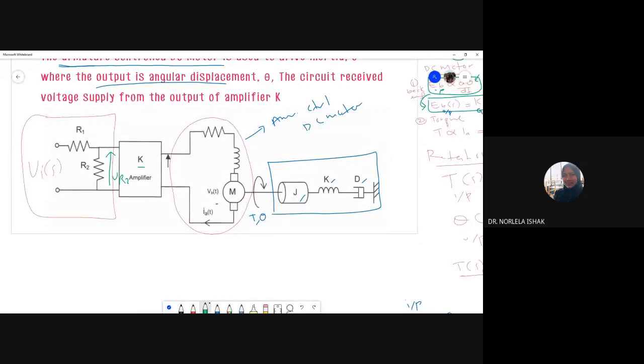Potentiometer. Yes, potentiometer. Right. So what equation can you derive there?